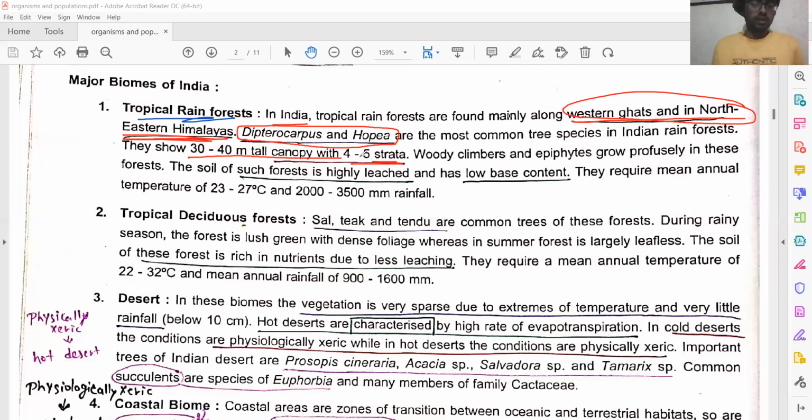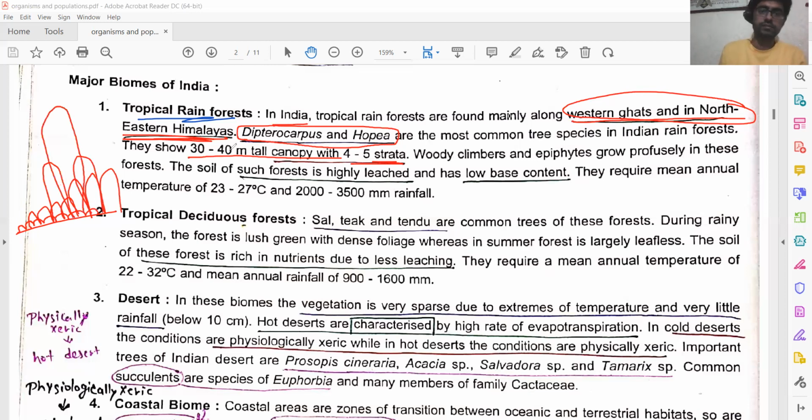Stratification, I guess I must have explained in last lectures. Stratification means layering. For example, in a forest, there is the first layer of grasses, then herbs, then shrubs, then there are some shorter trees, and then there are longer trees.